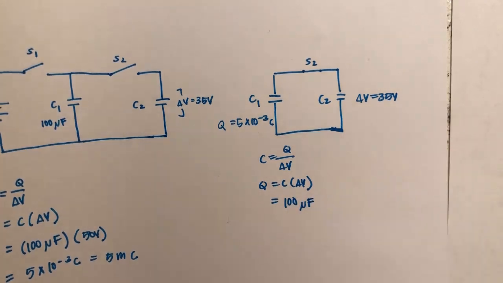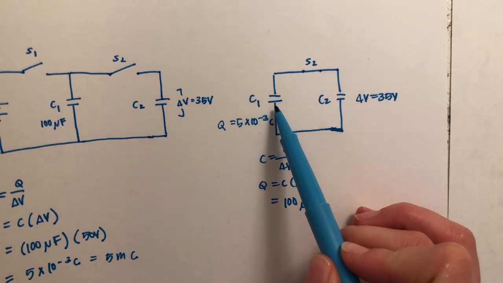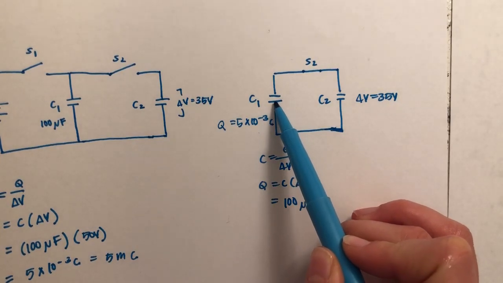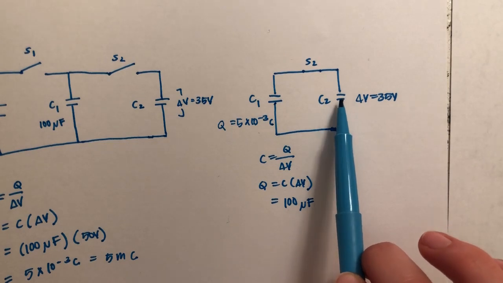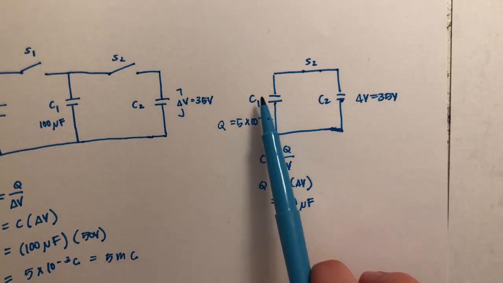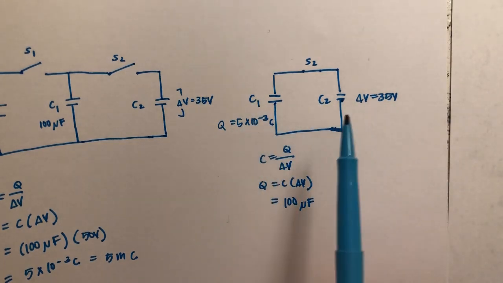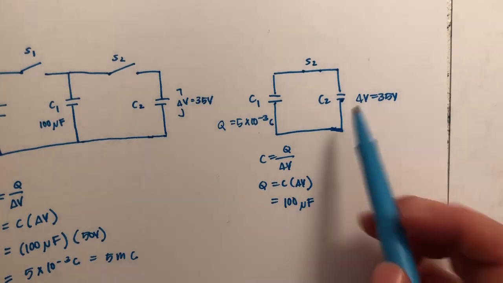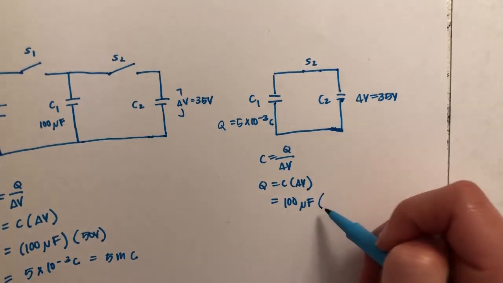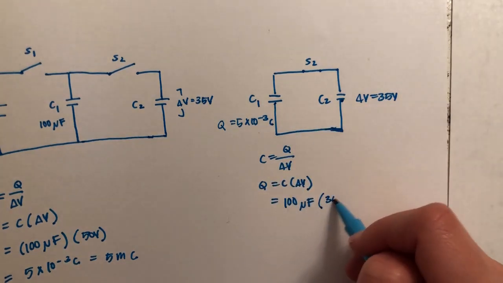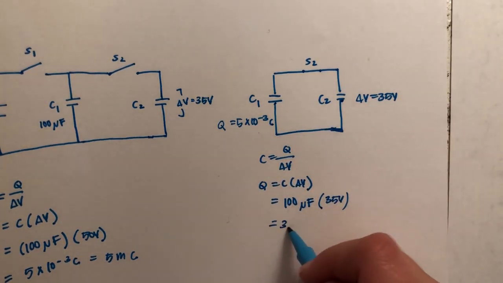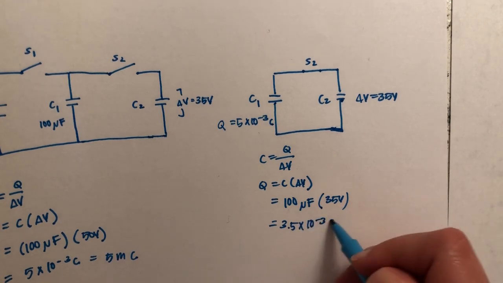Oh, we're finding the charge on capacitor 1, so we're not going to find the charge for capacitor 2 yet. So we already found the charge on capacitor 1, which is this. And then with 35 volts and 100 microfarads, if there's 35 volts across the circuit, we can just multiply this. It'll be 3.5 times 10 to the negative third coulombs.